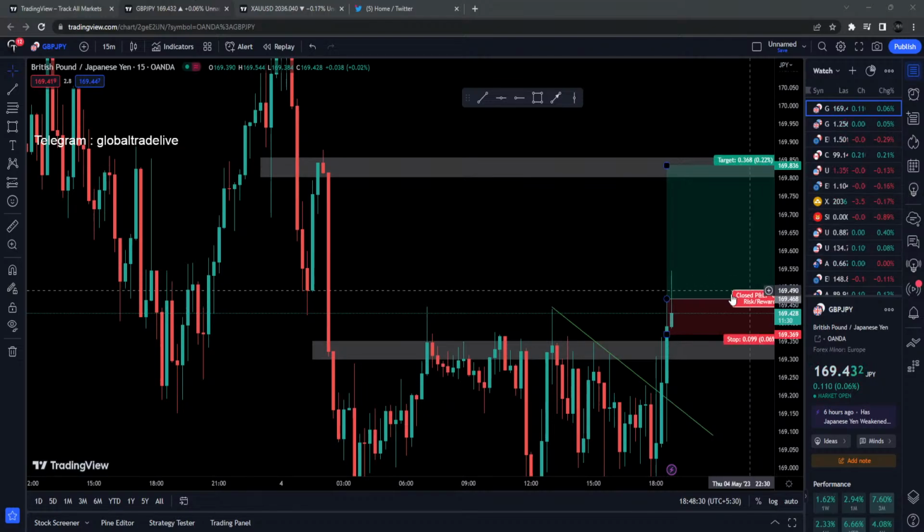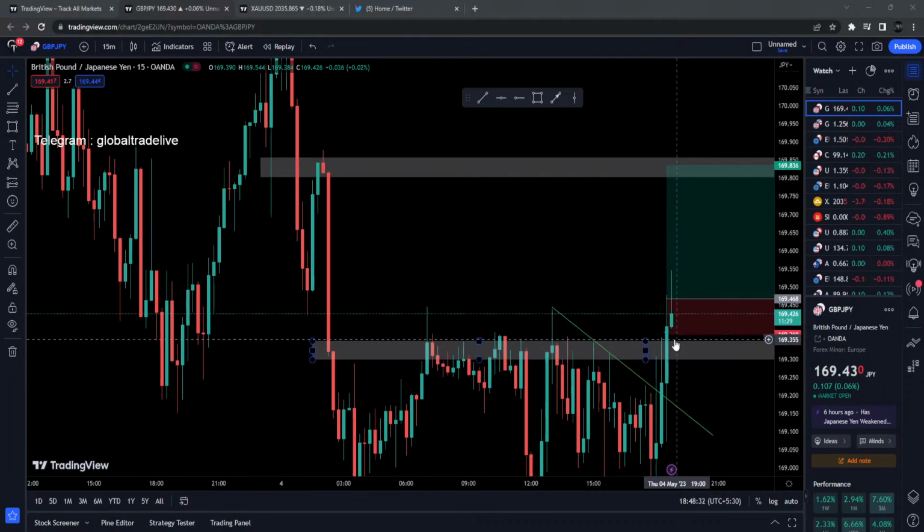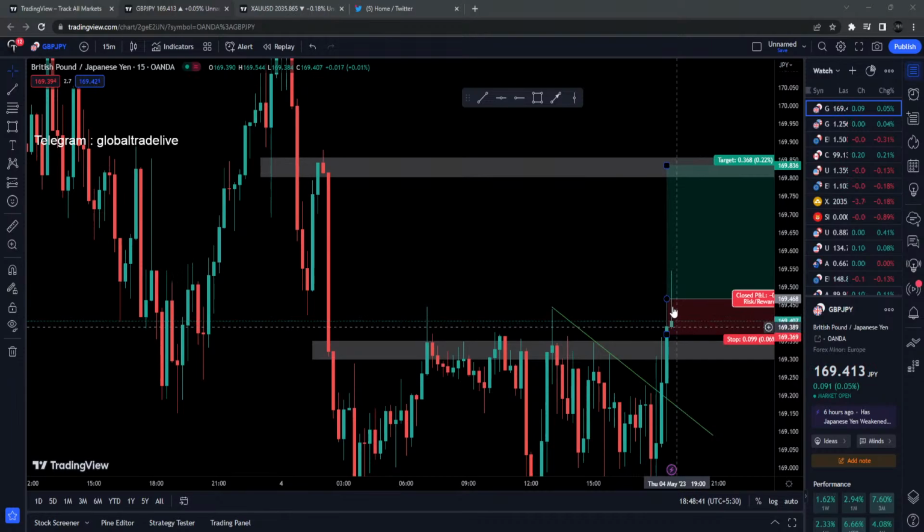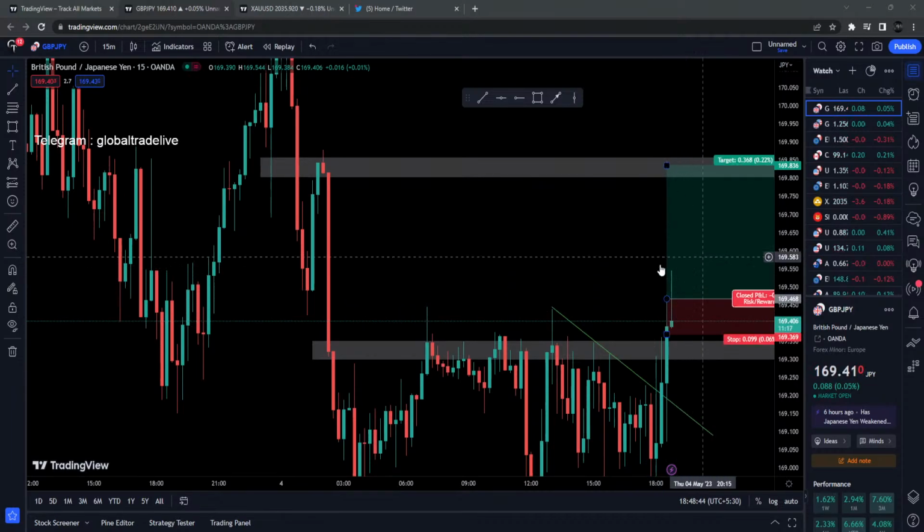Even if it hits my stop loss over here, and if it reverses back again and breaks its own high once again, then I'm gonna re-enter the trade, because I really think it will definitely be a buy after this.